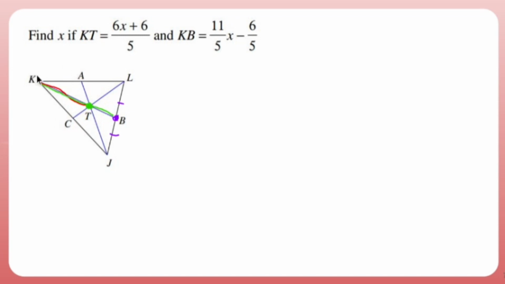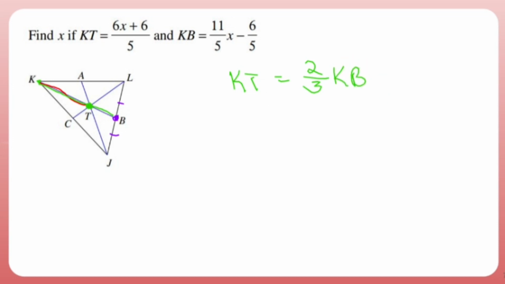Now, what you do with medians is whatever the angle or the vertex is to the centroid, that's going to be 2/3 of the entire line. So KT is 2/3 of the entire line KB.